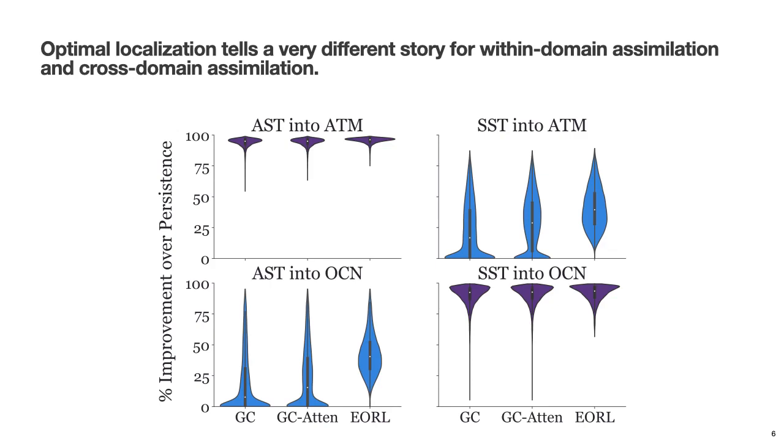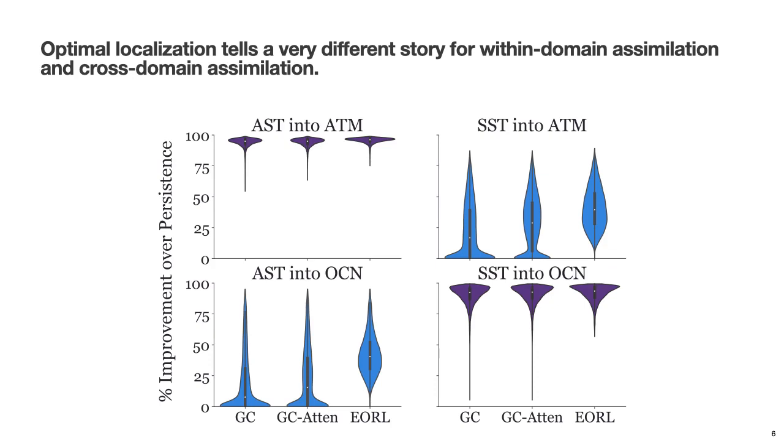The wider these violin plots are, the more density we have at that value. There are two very different stories to be told here. First, when we assimilate atmospheric surface temperature into the atmosphere or sea surface temperature into the ocean, both of those are within-fluid assimilation steps, and it doesn't really matter which localization scheme we use. All three of them are doing quite well and giving us a large improvement over persistence.